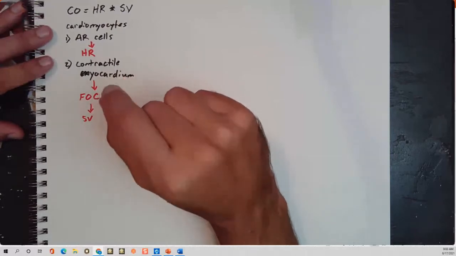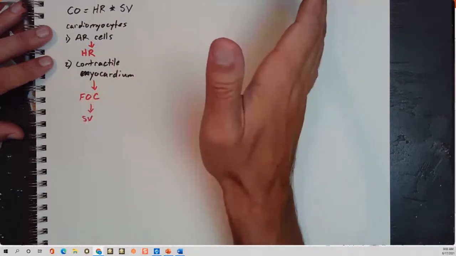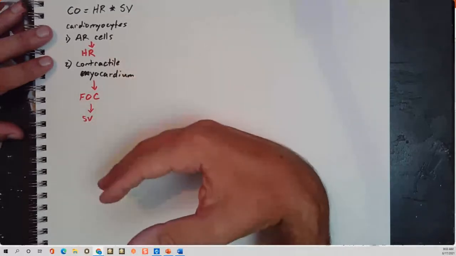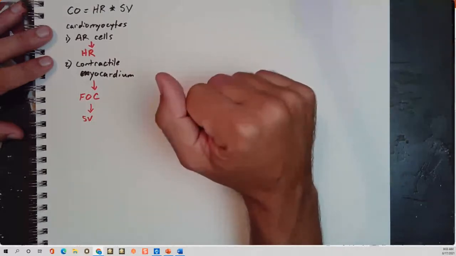And you're going to need to tell me which ions are crossing the membrane and in which direction. Shouldn't be too crazy, though. We've done it many times, right? For both the autorhythmic cells and the contractile myocardium, we have lots of examples of those action potentials. So I hope you guys can go and study those.